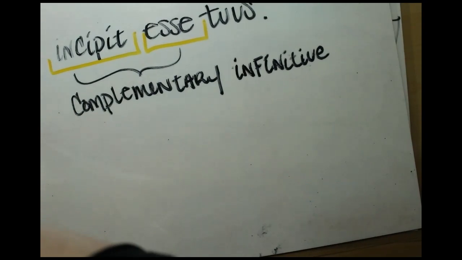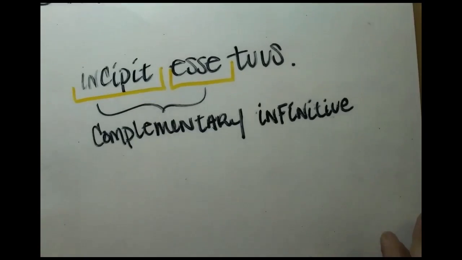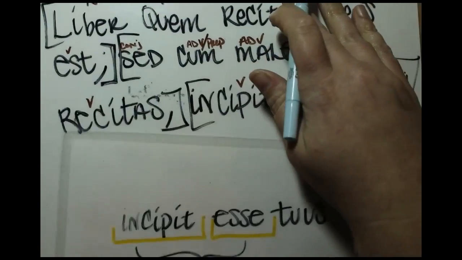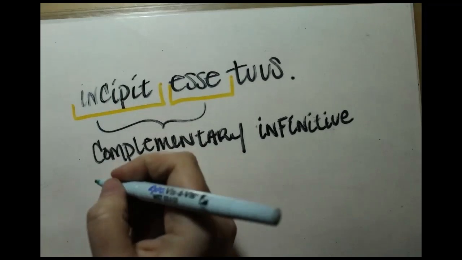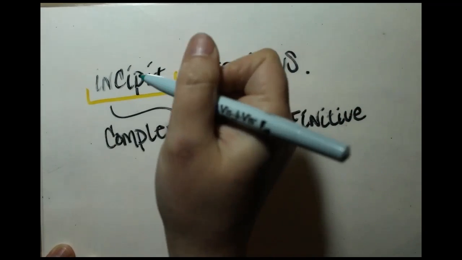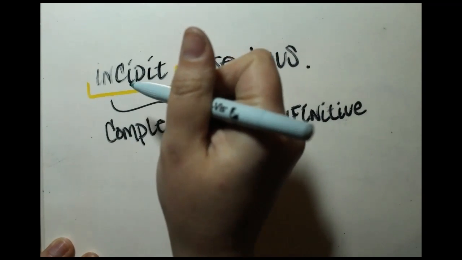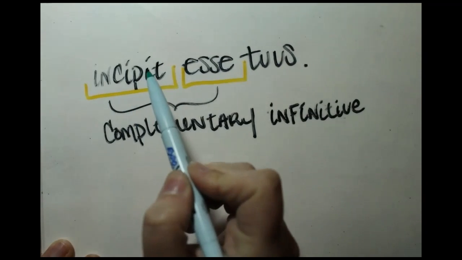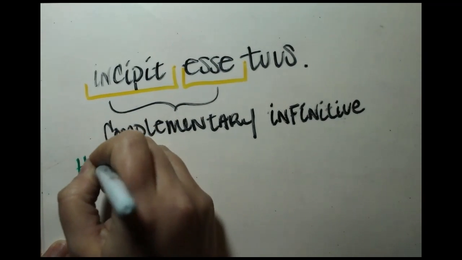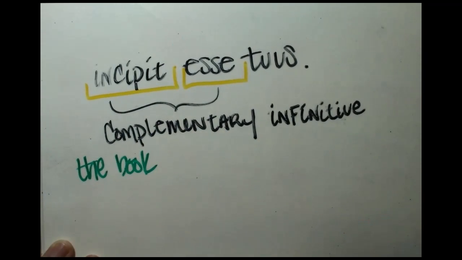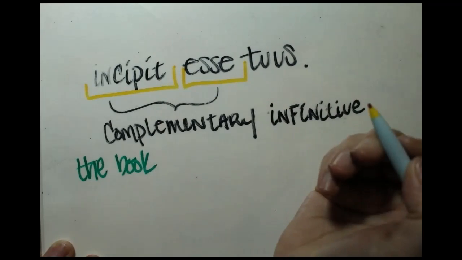So before, the subject of the verb was you. This time it is a third person singular, it. We're going to go ahead and assume, because the only other third person singular thing we've had so far has been with respect to the book, that the book is going to be the subject of this verb incipit.